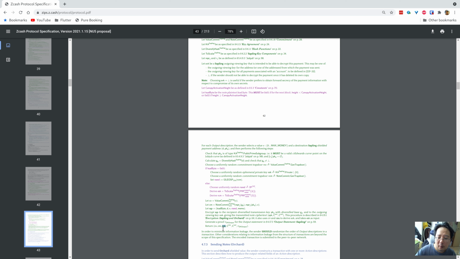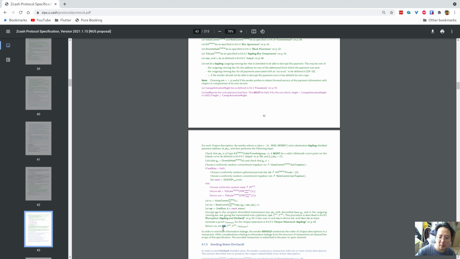Right, so we have to remember here that when you make a transaction from A to B, we're only talking about the output of that transaction for the moment. That output of the transaction has a note that is encrypted with the incoming viewing key of B, but the output viewing key of A. Right?